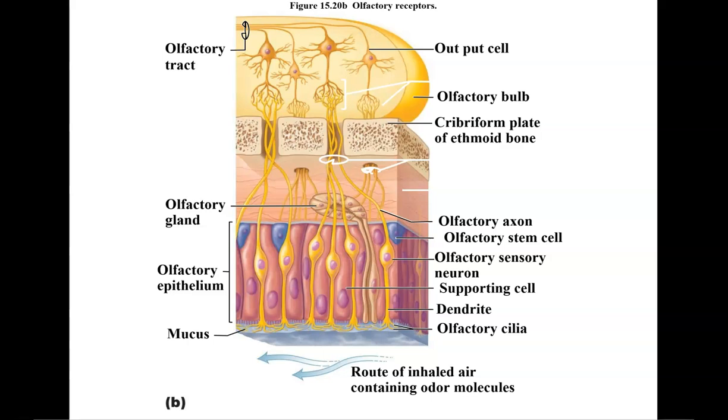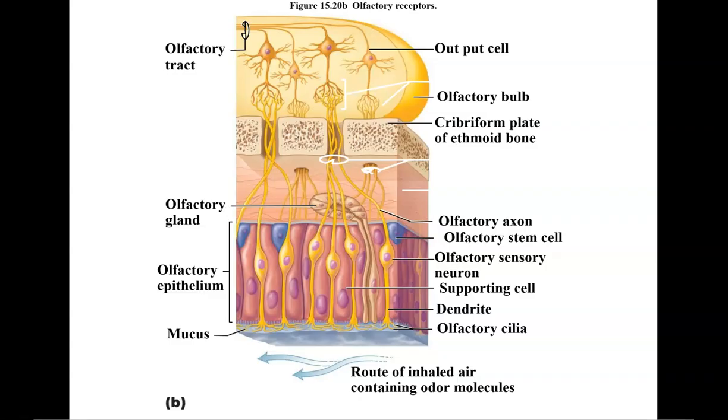This is going to cause a depolarization of those cells and generate an action potential if the depolarization reaches a threshold. Once those olfactory receptor cells are stimulated, those impulses are going to be conducted along their axons through tiny openings in the cribriform plate of that ethmoid bone that I talked about.